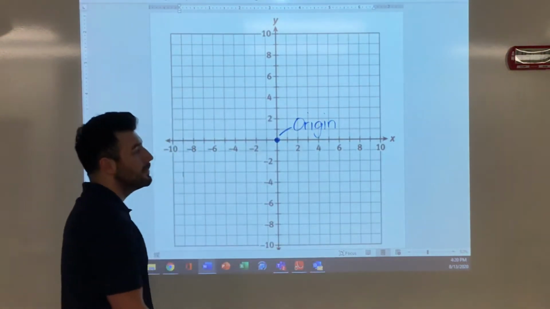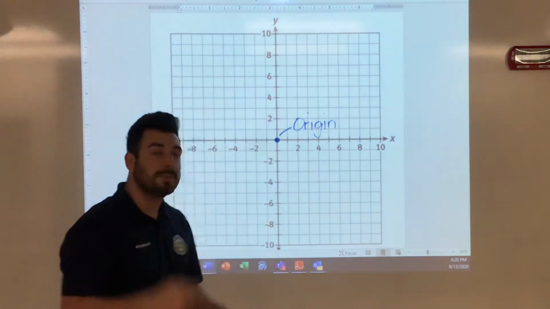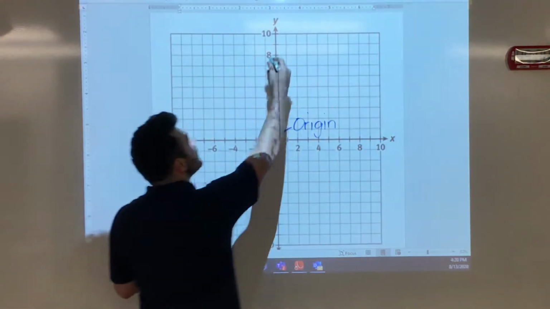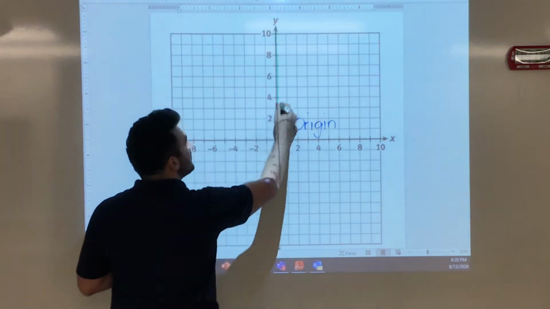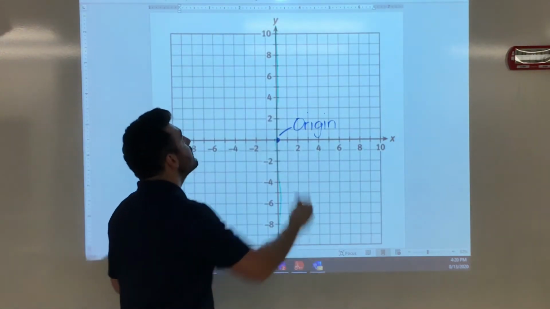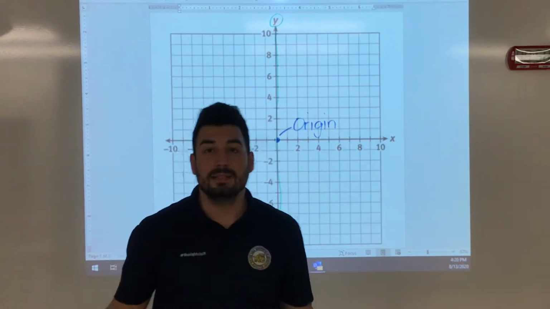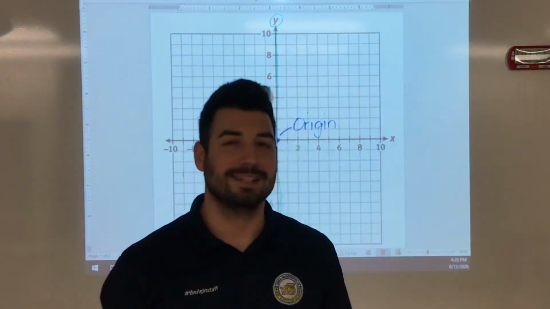All right, next up, we have our axes, because there's multiple of them. There's two. We have our vertical axis that's going straight up and down the middle. Your vertical axis is the y-axis. That's your dependent variable when we talk about that in class.